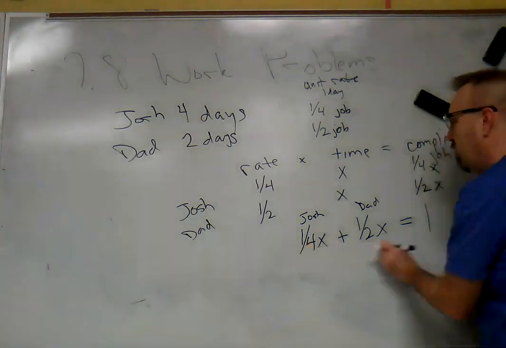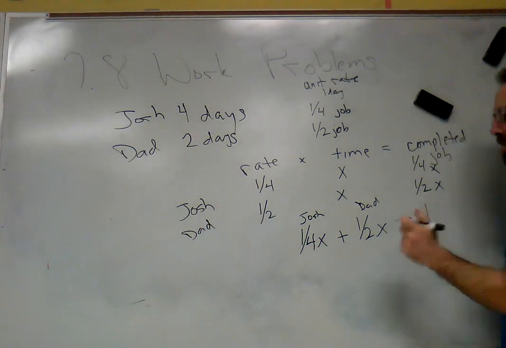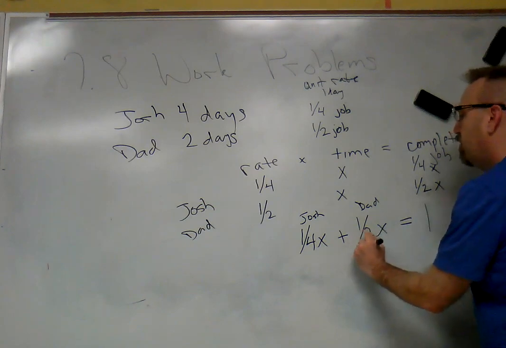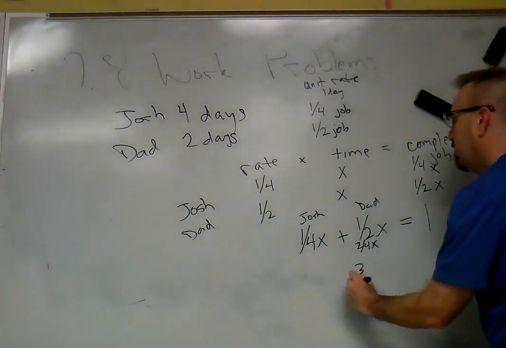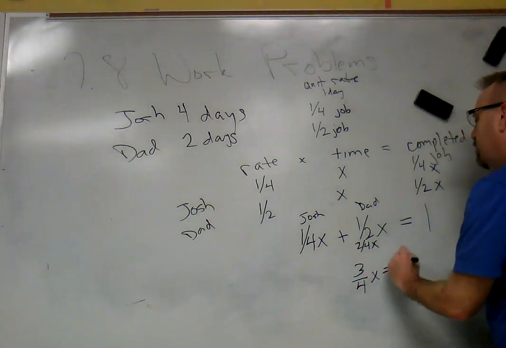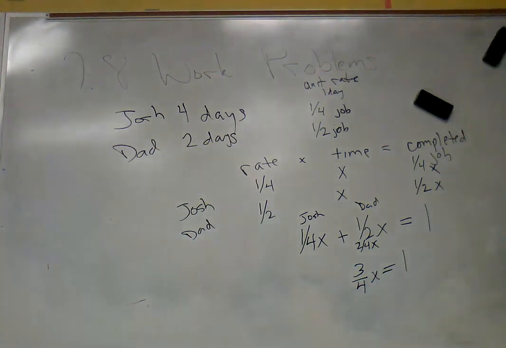So we have a fourth of x and a half of x. This is like 2/4. How many x's do we have? 1/4 plus 2/4 is 3/4 x. How can we get rid of multiplying by a fraction in an equation?